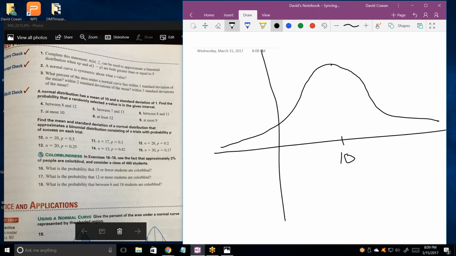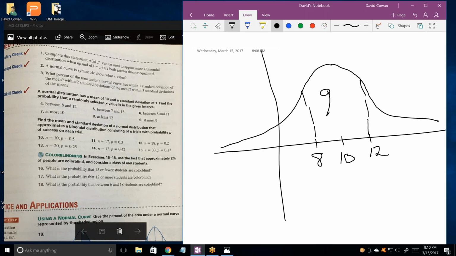Well, 12 would be 2 standard deviations away. So what is the area of the entire curve that is within my dotted line? 68% is 1 standard deviation.